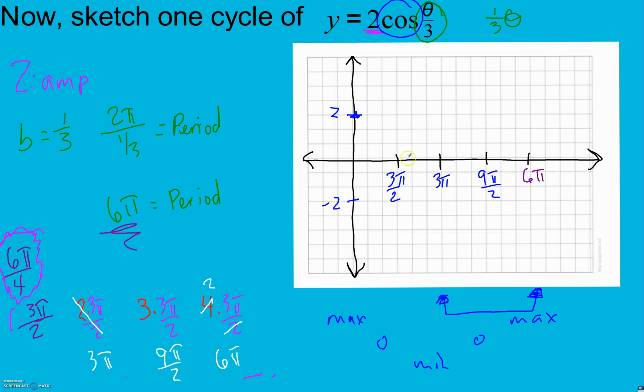So max, 0, minimum, 0, max. And again, try and make this a little bit curvy because we're going based off of a circle. Okay. And that's all I'm going to put on this first video. I'll finish on the second one.